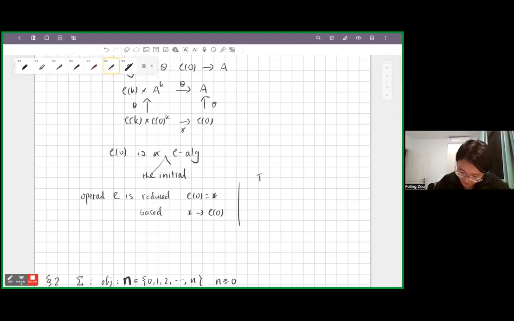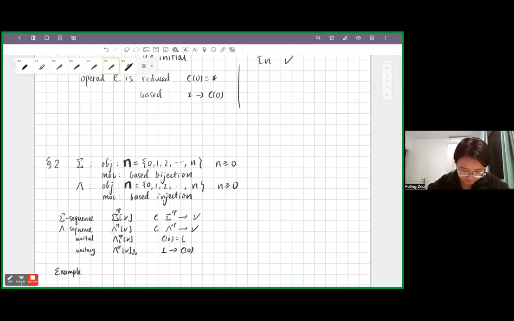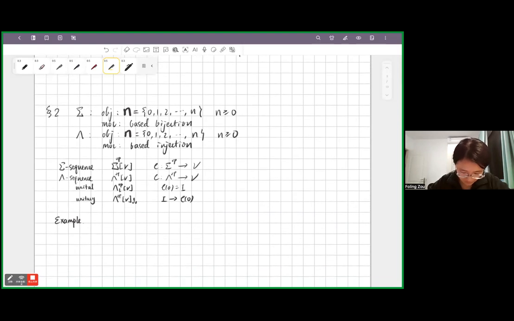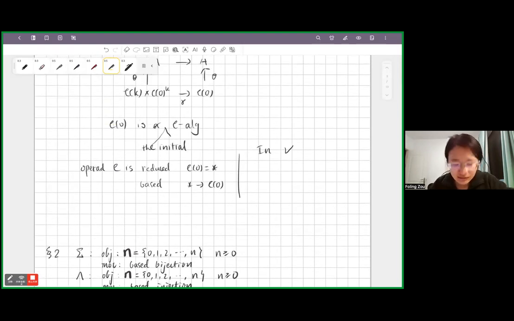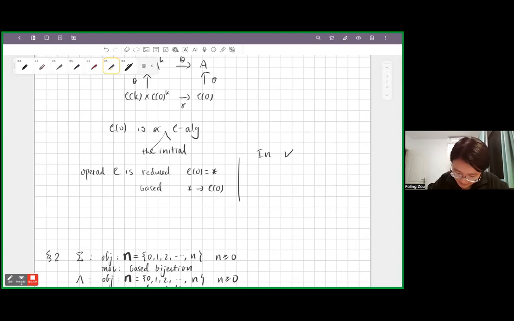And in a general symmetric monoidal category V, we say that it is unital if C0 is just the unit, and we say it is unitary if there is a map from the unit to C0.